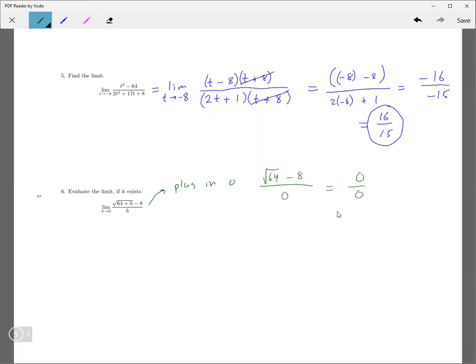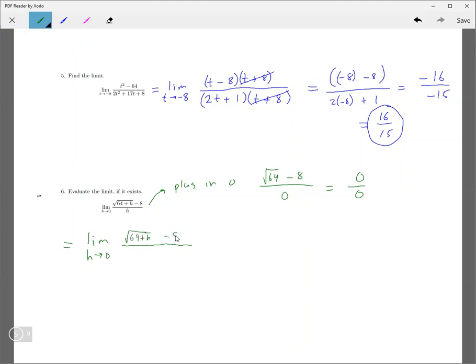So you get 0 over 0, which is not going to get you anywhere. There are other ways of doing this, for sure, but this is probably the best one for you guys to look at right now.